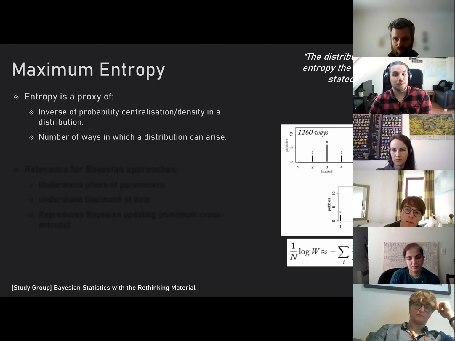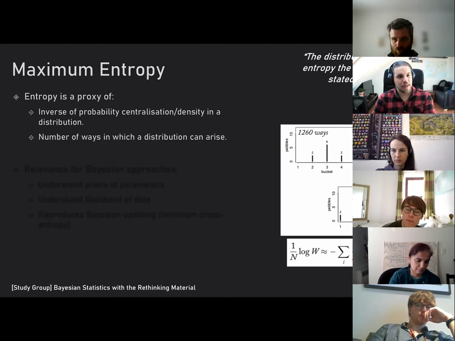And that works out to be 1,260 ways with which you could have thrown your individual pebbles, because only the outcome matters to us, but how we get to the outcome matters for the probability.